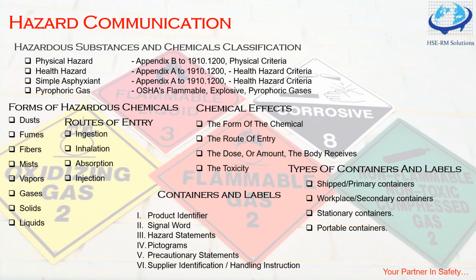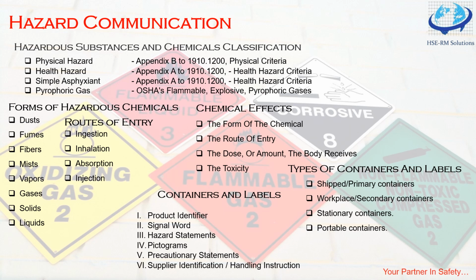There are different systems you can use. Accordingly, you can put a picture, a diamond, or the nomenclature that says this is the hazard statement, how it is hazardous, at what degree, whether it will affect you physically, health-wise, or whether it will be chronic or something like that.